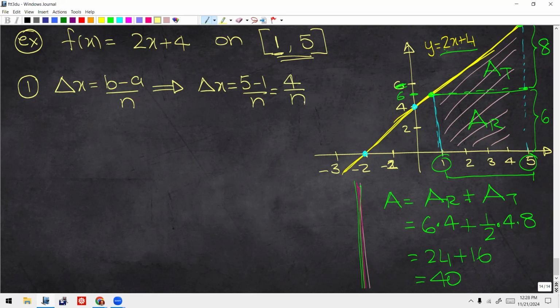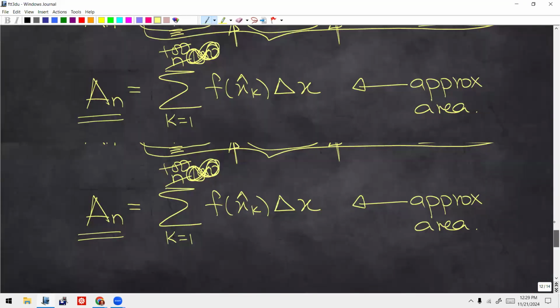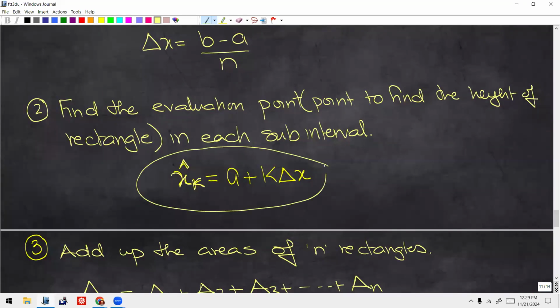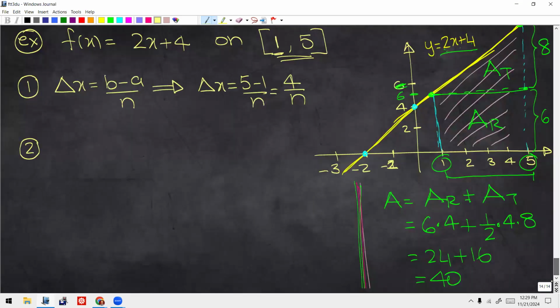Are we good? Next thing we're going to do is find the right endpoint, correct? The formula is right here. It's the evaluation point, which was what?